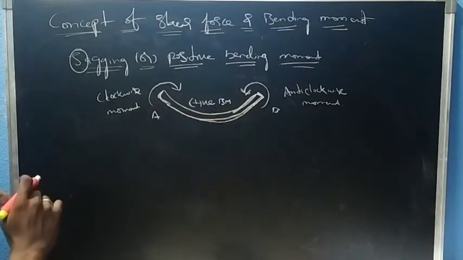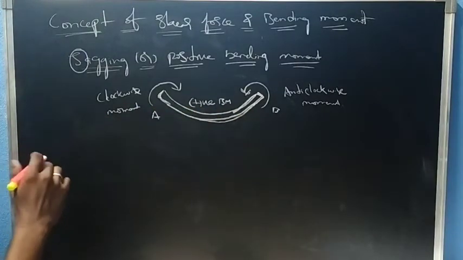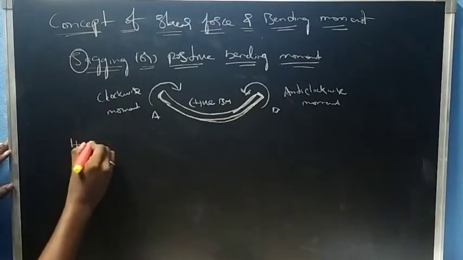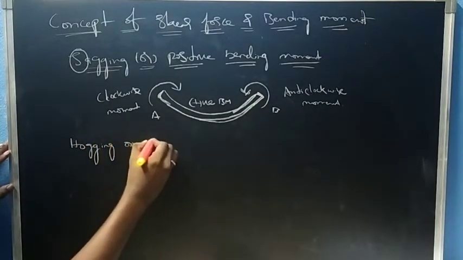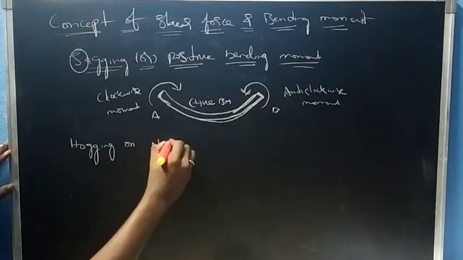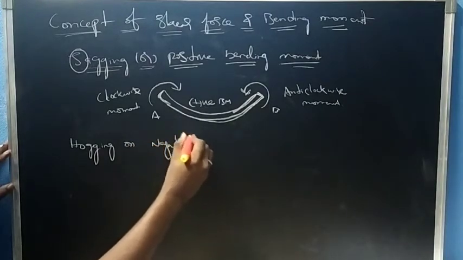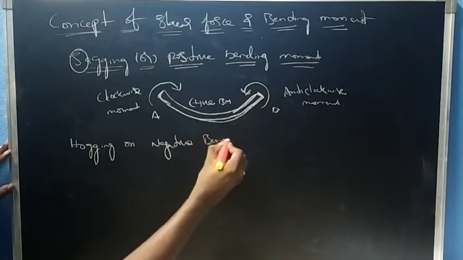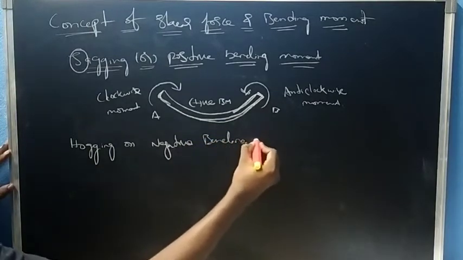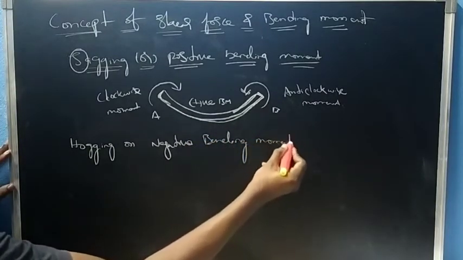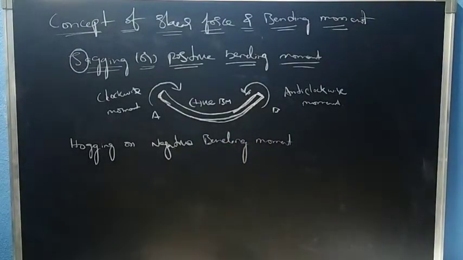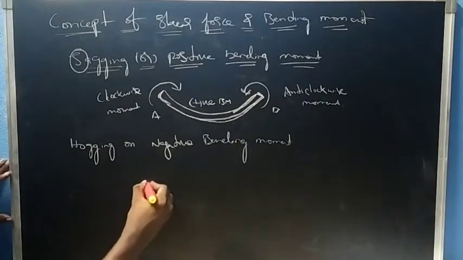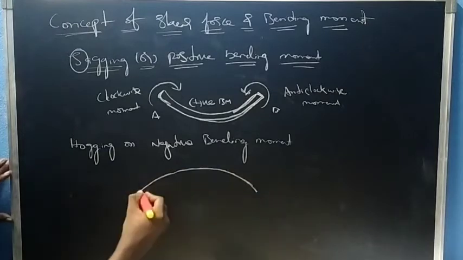So next we have hogging, or negative bending moment. Right? So here, in negative bending moment, the beam will have a movement in this direction.